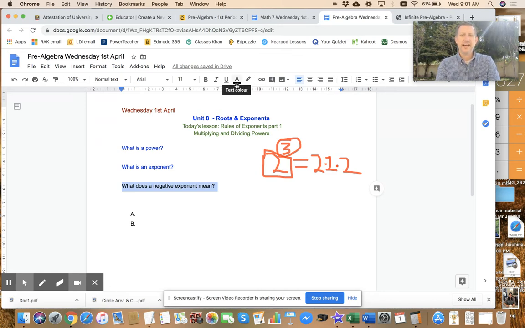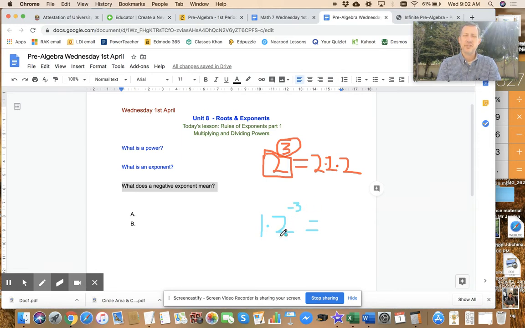So let's say I have, let me get back on pen mode, 2 to the negative third. Well, I'm not multiplying this power by anything, am I? 2 to the negative third times what? If you're not multiplying by anything, it means you're always multiplying by 1. So I'm going to take 1 and divide it by 2 three times.